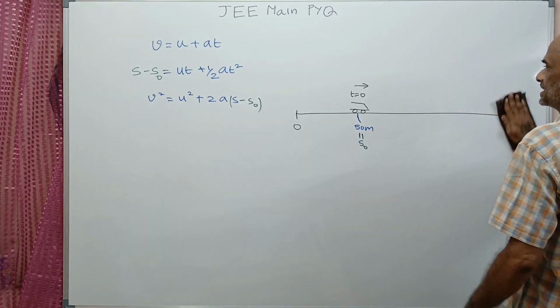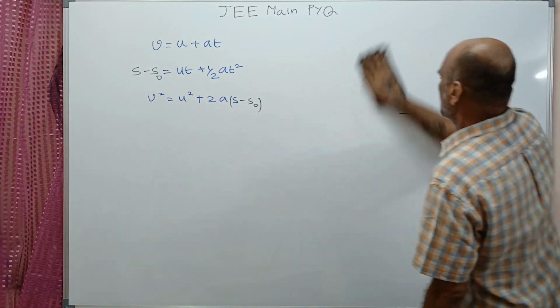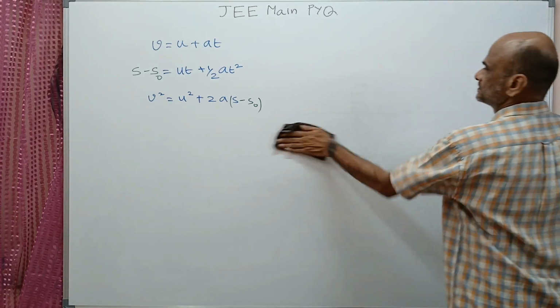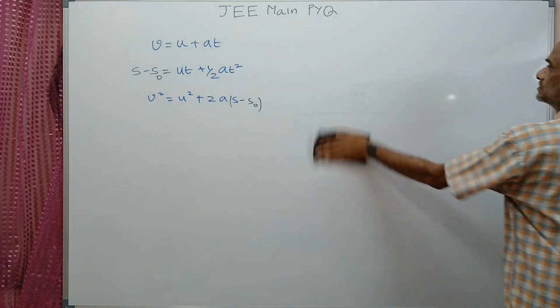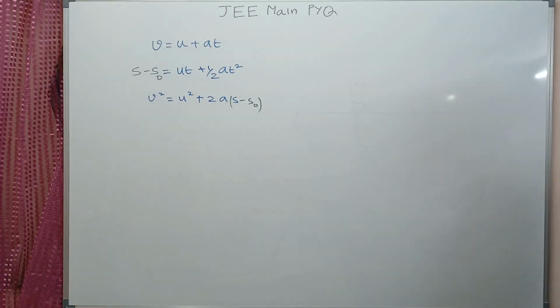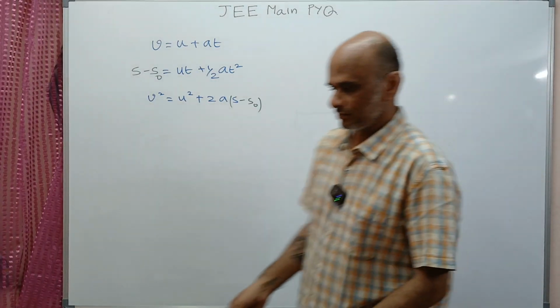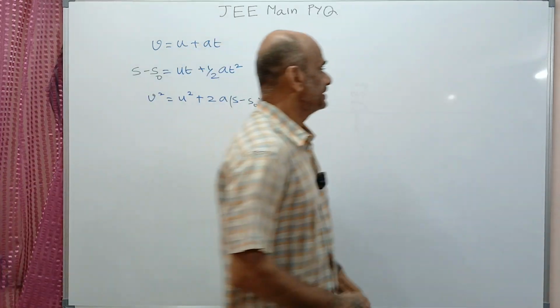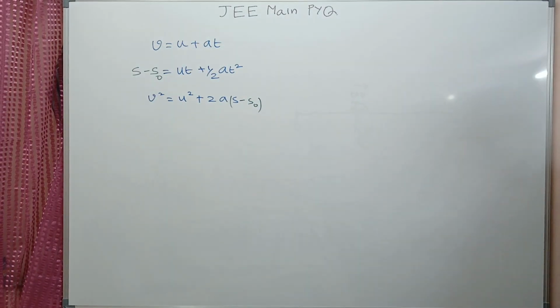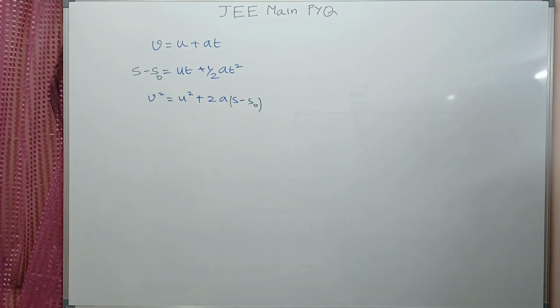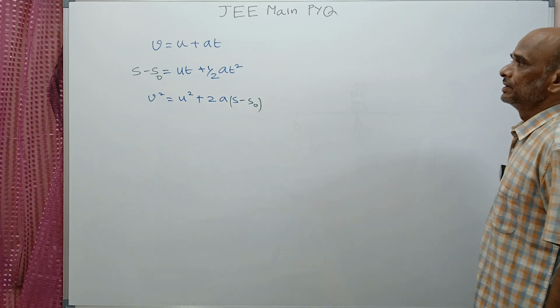So the information in these equations can be represented in terms of graphs. Consider the first equation, v equal to u plus at. t is the time, an independent variable.